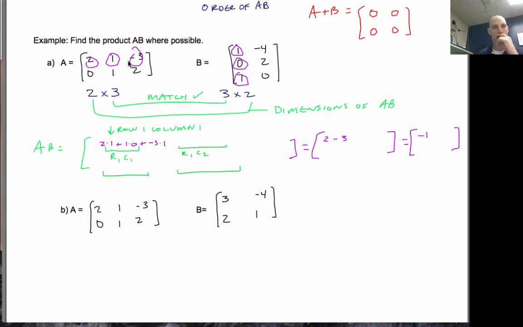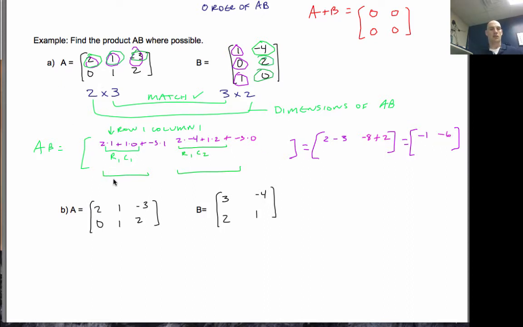So it's going to be row 1 times column 2: 2 times negative 4, plus 1 times 2, plus negative 3 times 0. That'd be negative 8 plus 2 plus 0. Negative 8 plus 2 is negative 6.